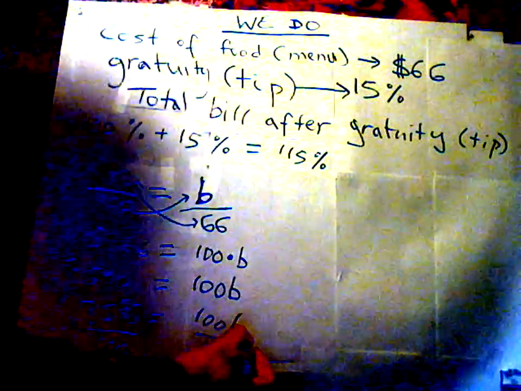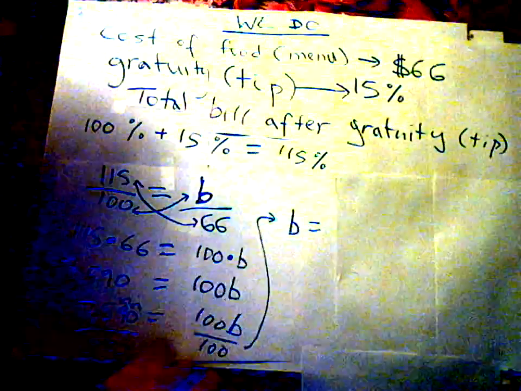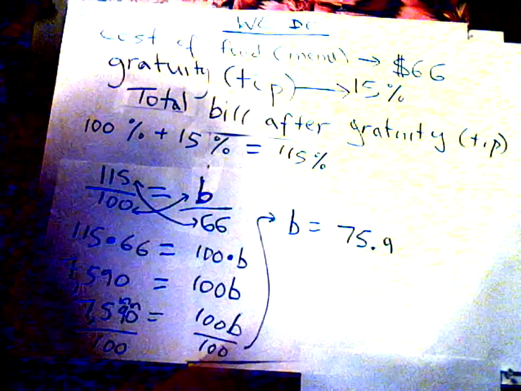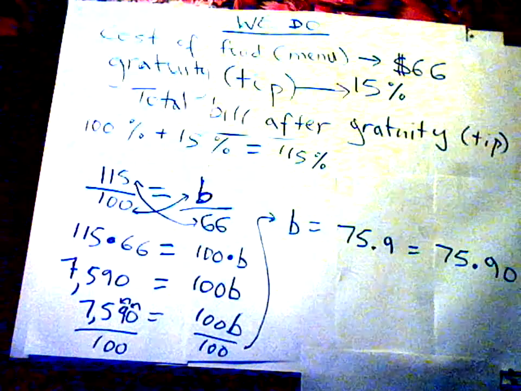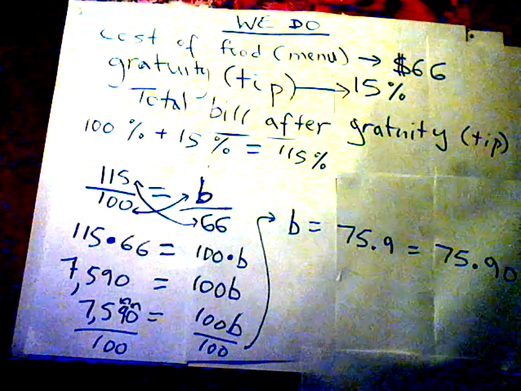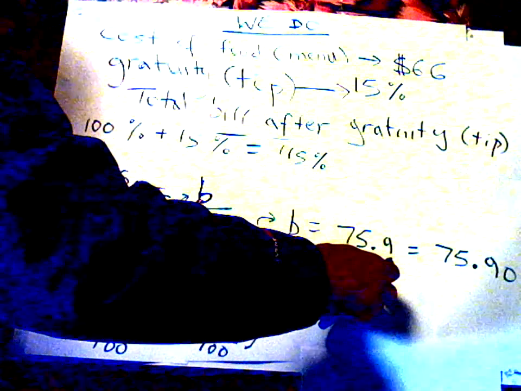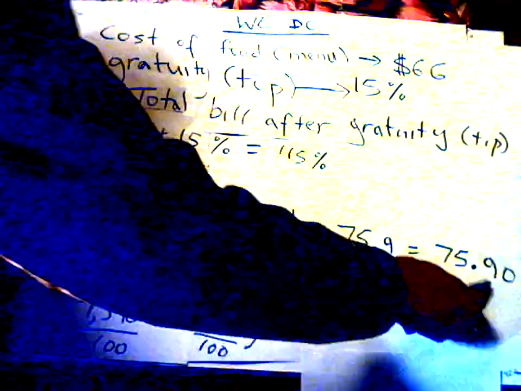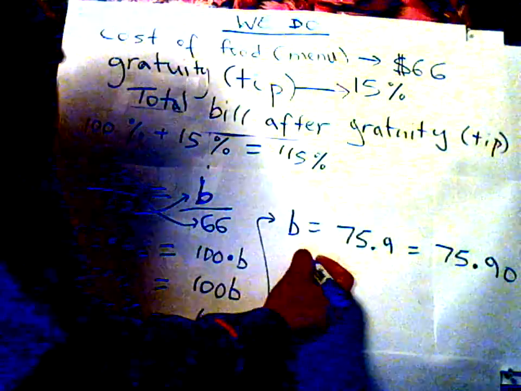And so what I have here is that B is equal to 75.9, which is the same as 75.90. Why is that so? Yes, that is so because the 9 represents 9 tenths. If I add 0 hundredths, I haven't changed the value, okay?